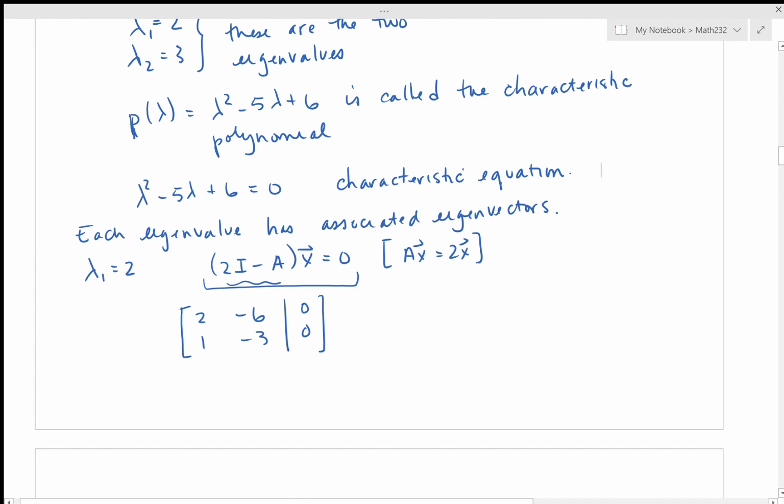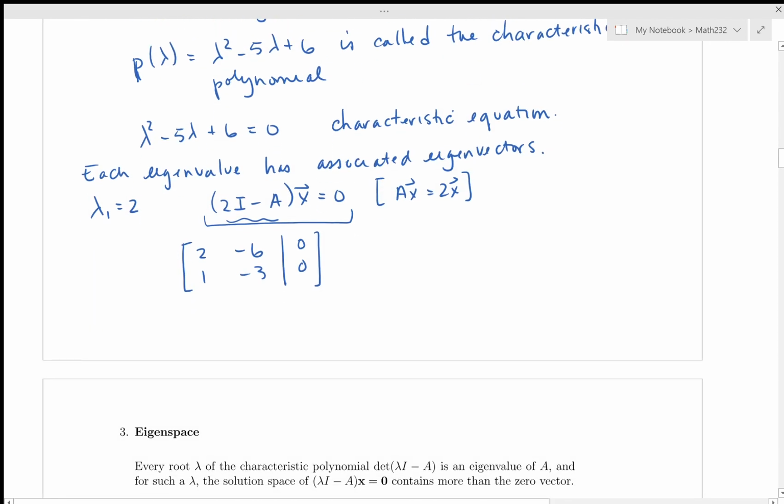Okay, I do the row operations to see what happens here. First I'm going to swap row 1 and row 2. And then I am going to take row 2 minus 2 times row 1.